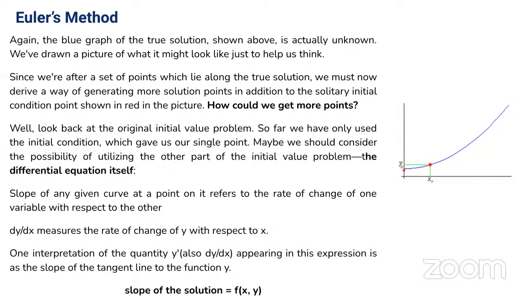Now, the question that arises is, how do we get other points beyond this initial point that has been given to us? How do we get more points that we can then use to sketch our own curve that is going to be an approximation of what the exact solution is? We need to find a way of generating more solution points in addition to the single point that we have.